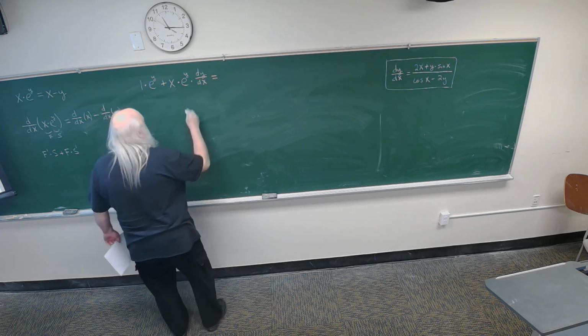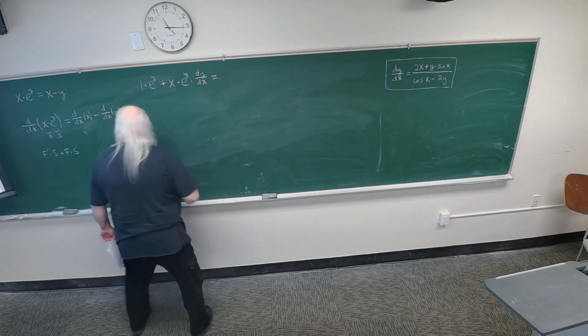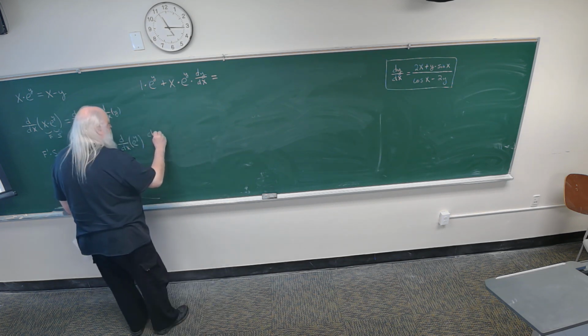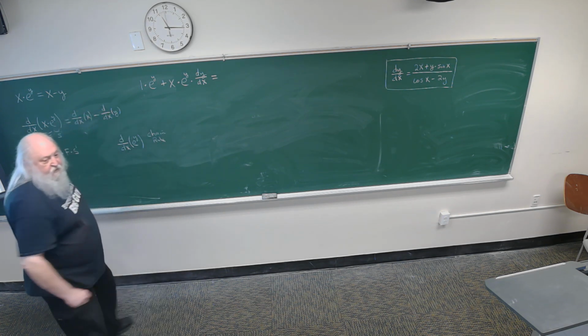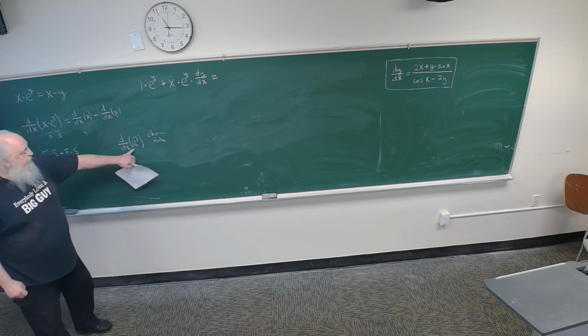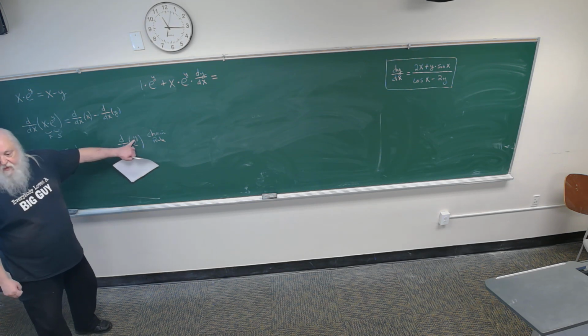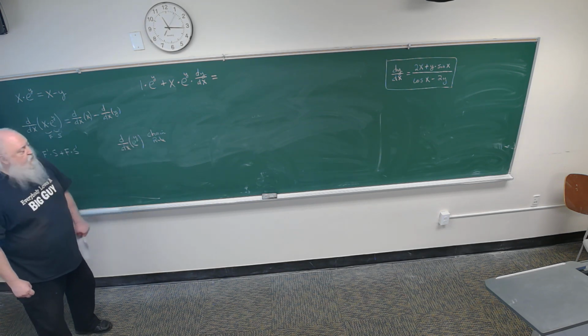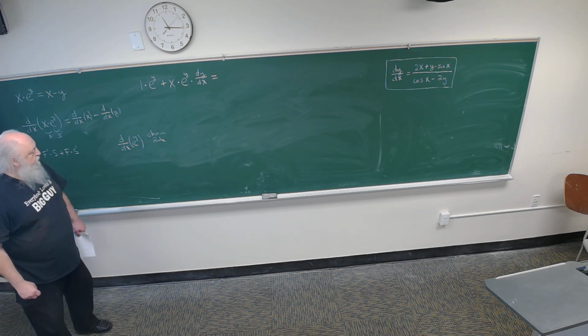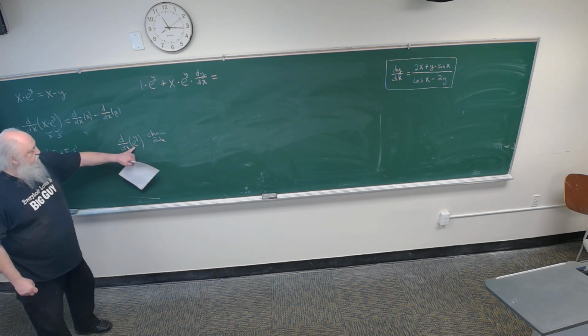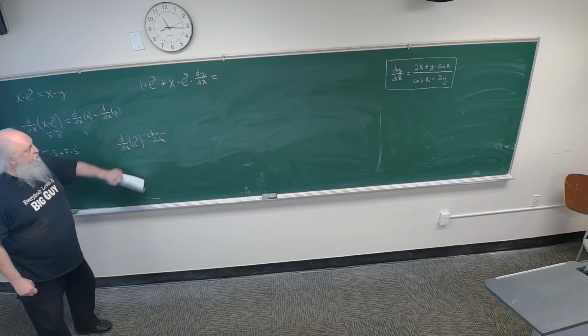So in finding this derivative, we had to use the chain rule for the natural exponential function. This is like e raised to the g of x, e raised to a function of x. By the chain rule, that's equal to itself times the derivative of the exponent.